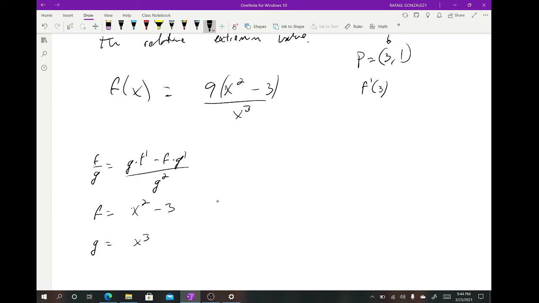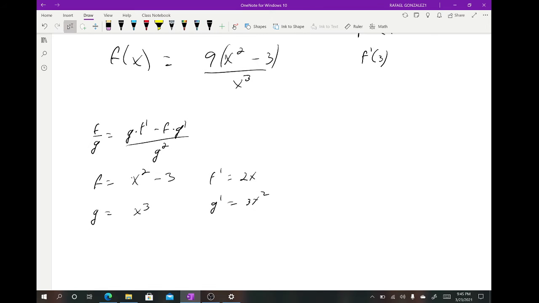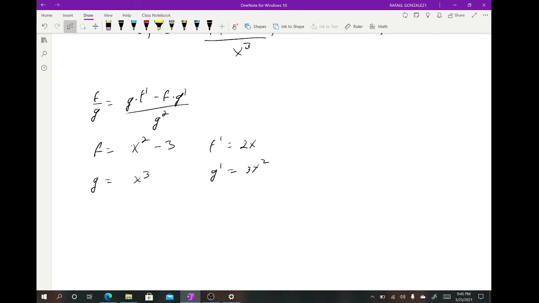So we have f prime is equal to the derivative of x squared minus 3, which is just 2x. And then g prime is the derivative of x cubed, which is 3x squared. And again, I'm leaving the 9 on the outside because of the constant multiple rule.